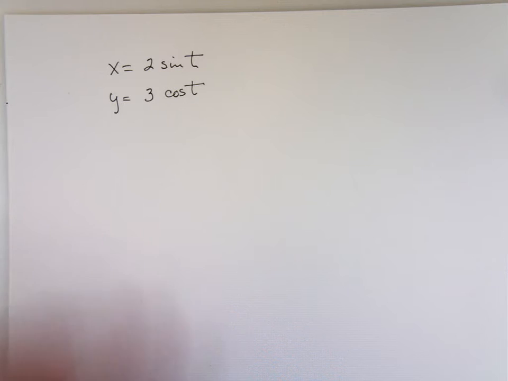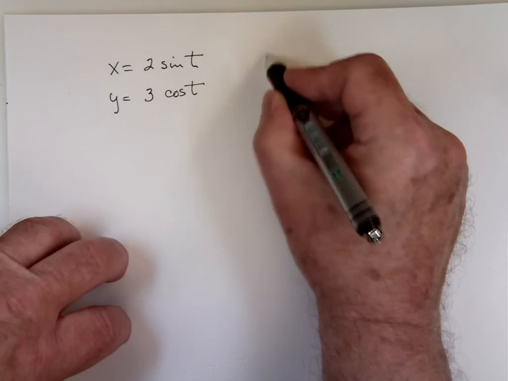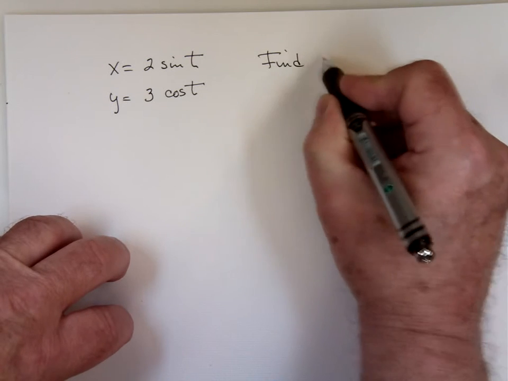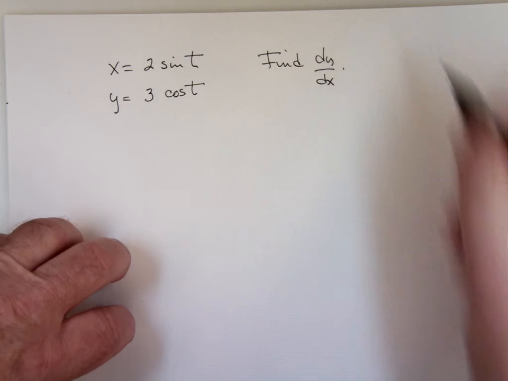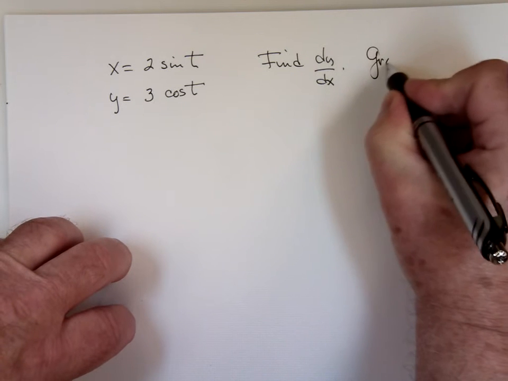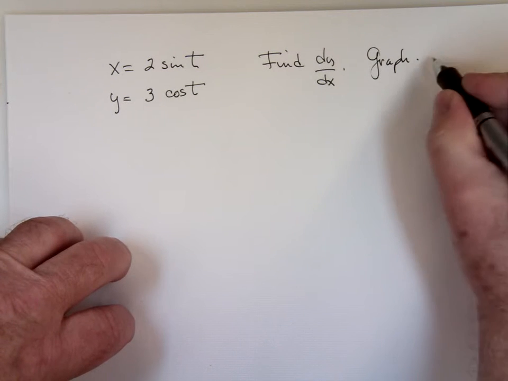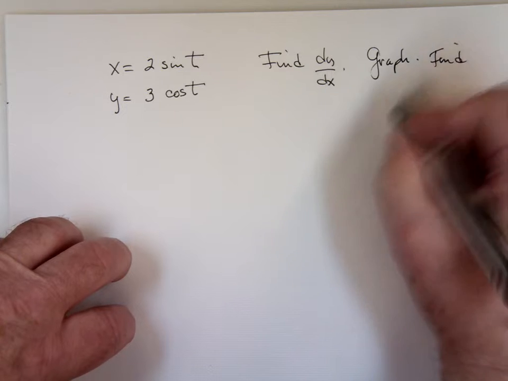And what we want to do is to find the derivative dy/dx again. And we want to graph it as well. We want to plot this graph, and we want to find orientation as well. We want to do all these things.